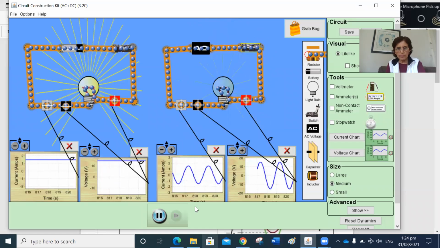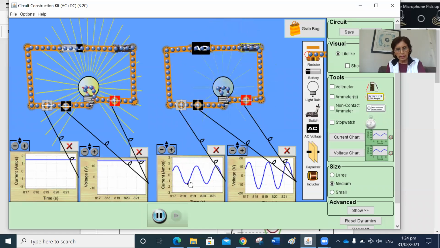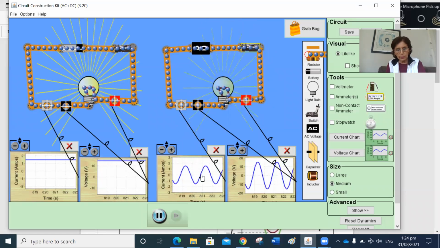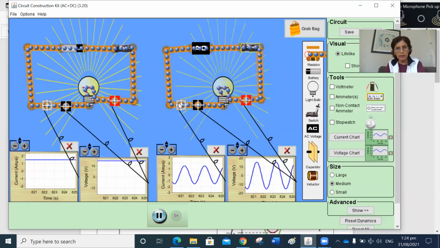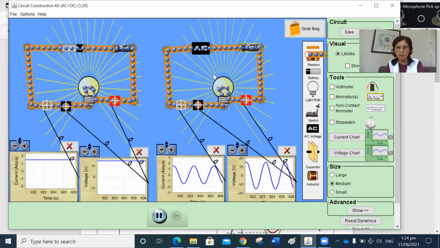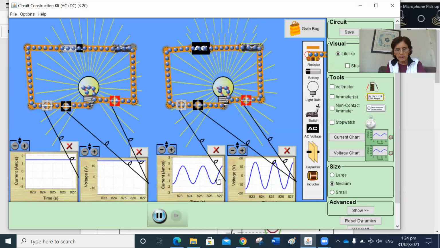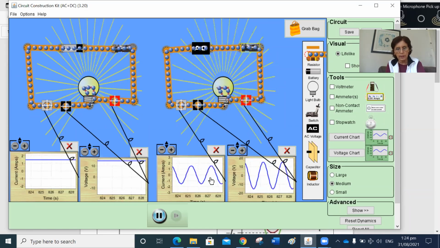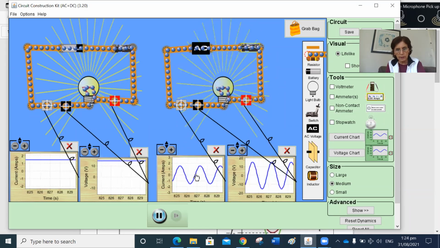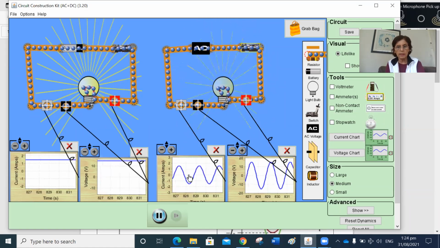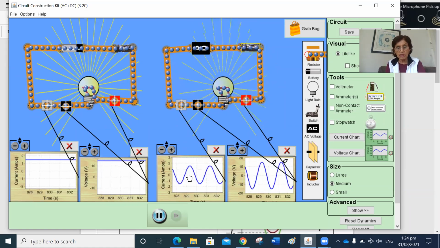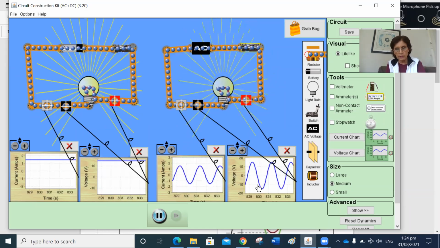So as you can see from here, when current is in this part, that's the positive current. That means current is flowing in one direction, and this negative sign says that current is flowing in the opposite direction. Somewhere over here in the middle, current is 0. So current is not only changing direction, but it is also changing the size, and so is the voltage.